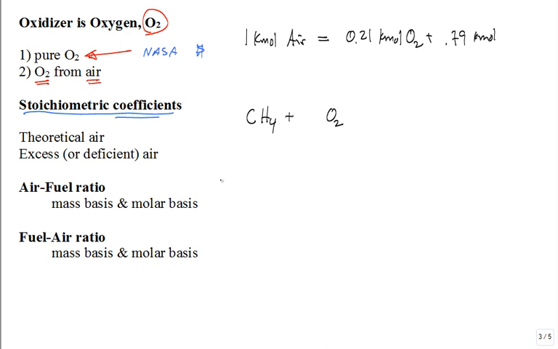We're going to just consider air as being either nitrogen or oxygen. It's 21% oxygen and the rest is nitrogen. We just lump the rest: the argon, the CO2, the water vapor, everything we can just lump in there.